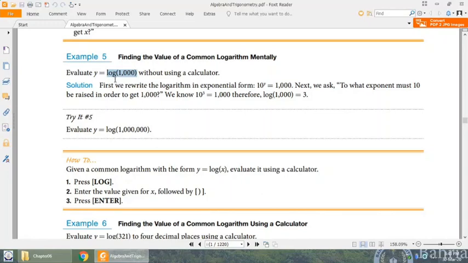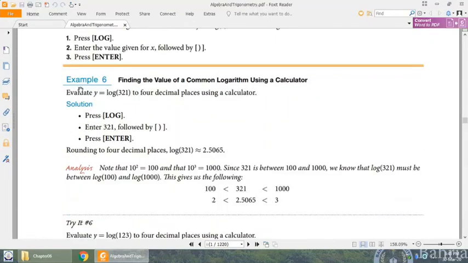So log to the base 10 of 1000 is equal to y. So 10 raised to power y would be 1000, so y is equal to 3, as you can see here. Now 10 raised to power y is equal to 10 raised to power 6, so y is equal to 6 here.